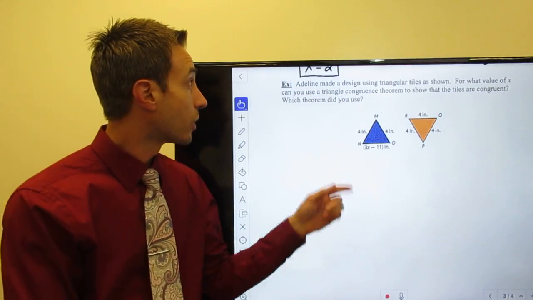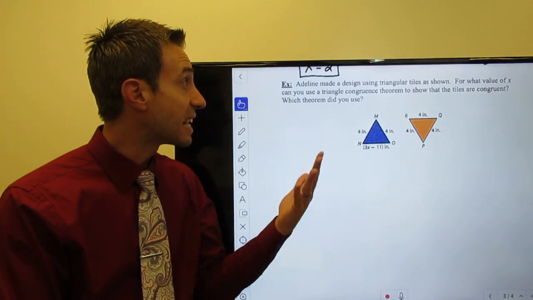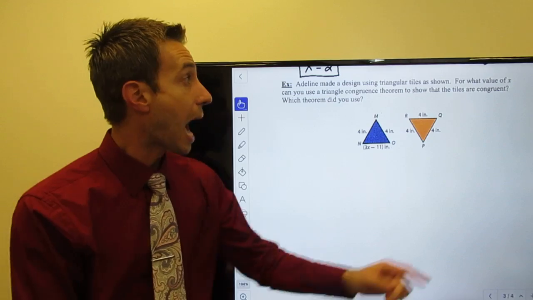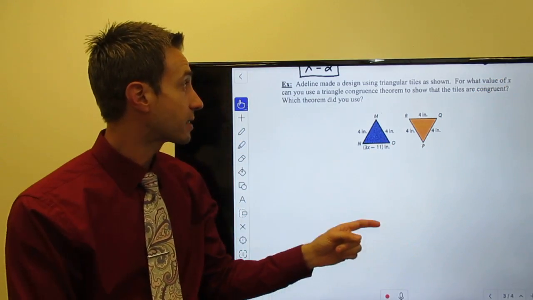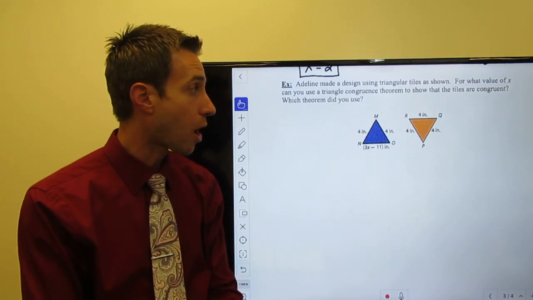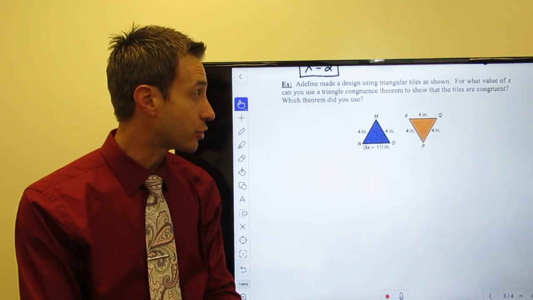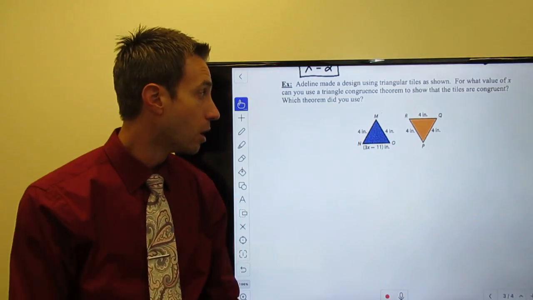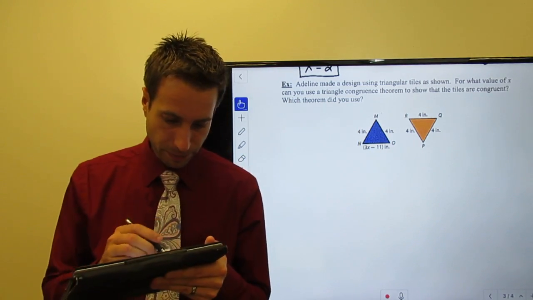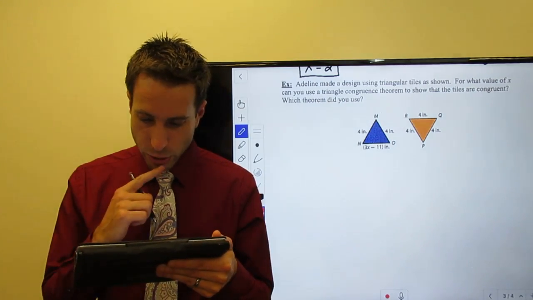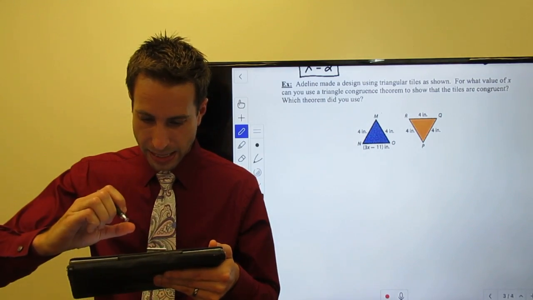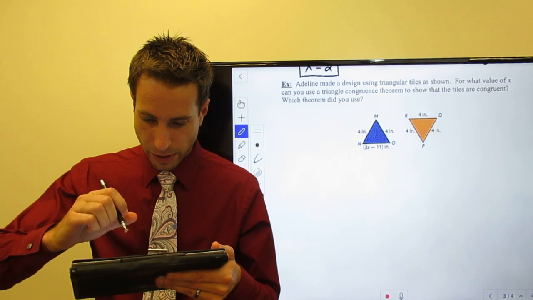This one's tiles. Adeline made a design using triangular tiles. I want you to find the value of x that makes these triangles congruent. Well, okay, let's do it. Here's what I can see. Flip that guy over.